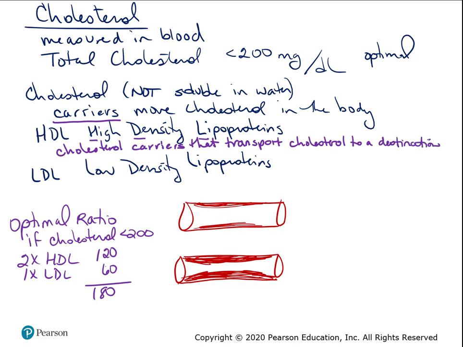It might take cholesterol to the fat cells for storage, or send it to cells that are growing because they need to build more membrane, or send it to the sex organs so they can make estrogen or testosterone. I always think of HDL as the cholesterol with a purpose. It's on its way going somewhere.